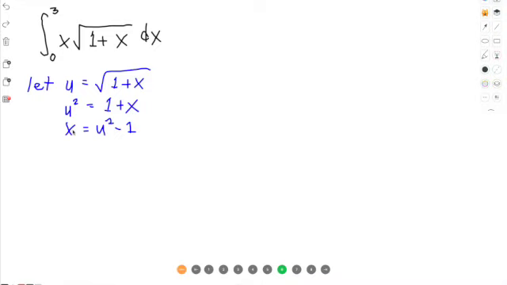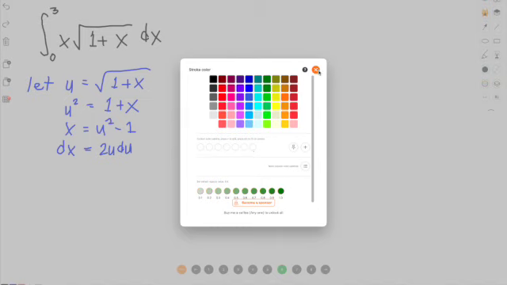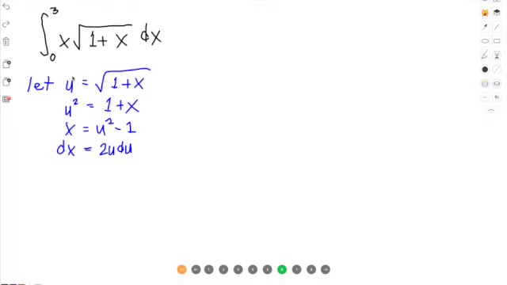And if we take the derivative of x, that would be dx. That would be equal to 2u, since the derivative of the constant would be 0, so 2u du. Okay, so now substituting to our equation, let's write it in a different color here.